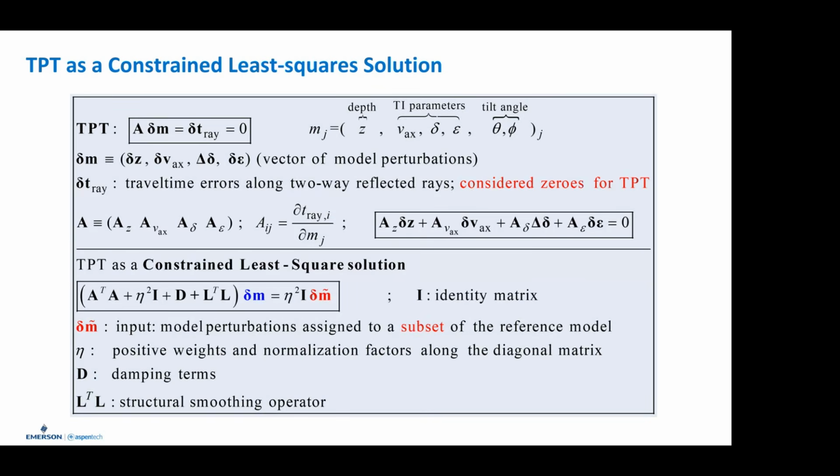The input is marked here by delta M in red, and this is normally only a subset of the model parameters. Of course, we cannot modify or perturb all the parameters because in that case we would violate the consistency with the data.